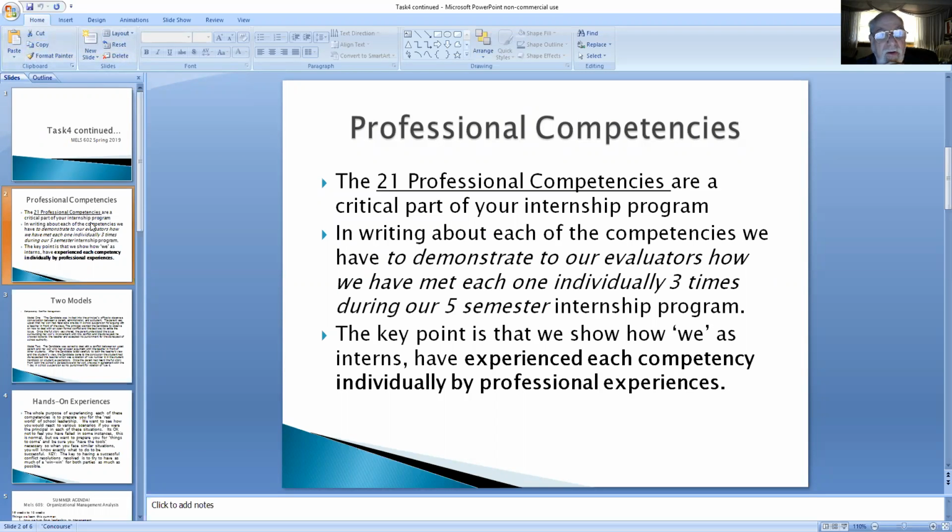All the professional competencies we've talked about, there are 21 of them, and y'all have been beat over the head with this one many times. But you'll do all 21 competencies over a period of the 5 semesters, 3 times. And you know the relationship between your competencies and your internship and what you'll be doing there.